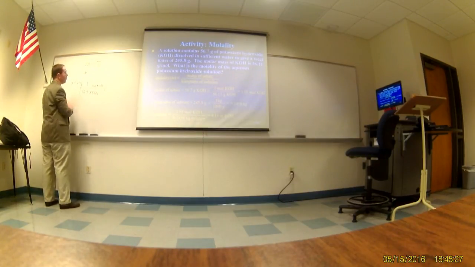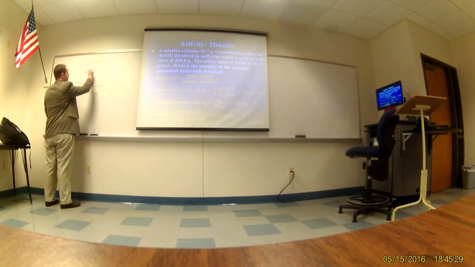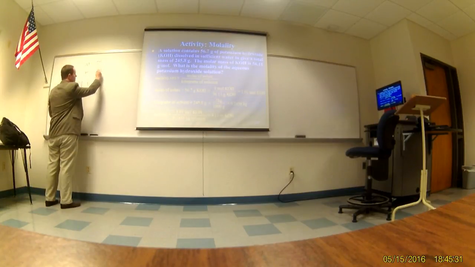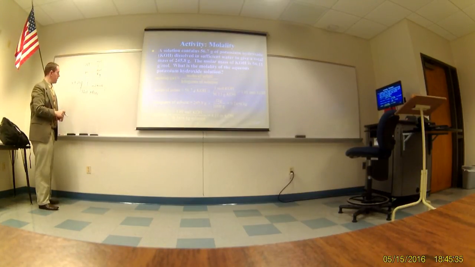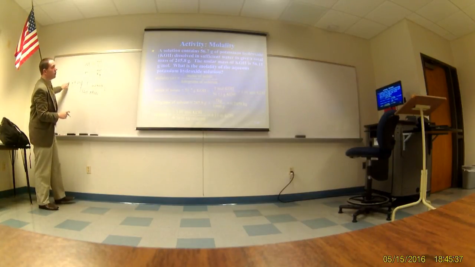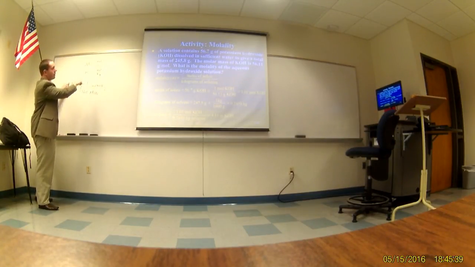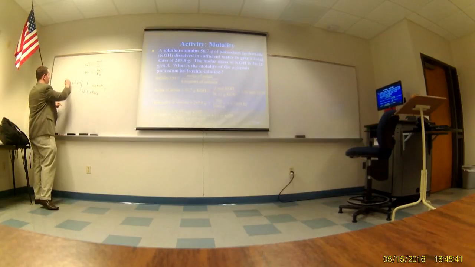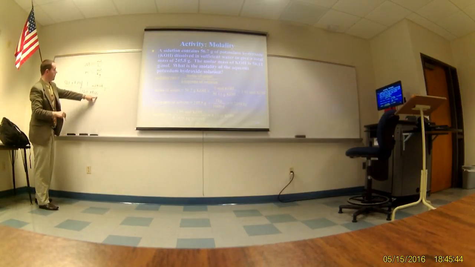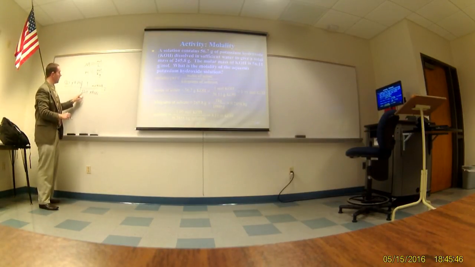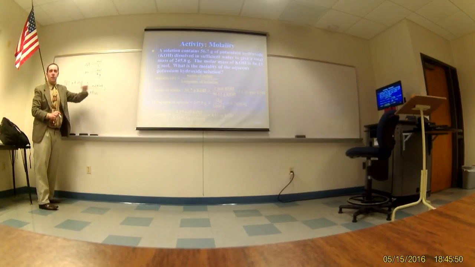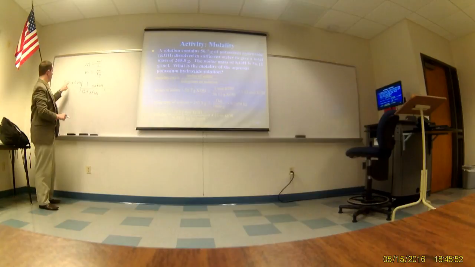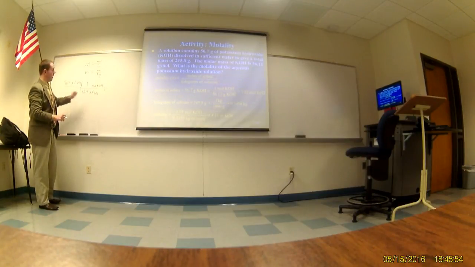Molality is lowercase m equals moles divided by kilograms. So we can just plug in our new mass of potassium hydroxide, 56.7. Potassium hydroxide is still 56.11. So how many moles of potassium hydroxide do I have? 56.7 divided by 56.11.